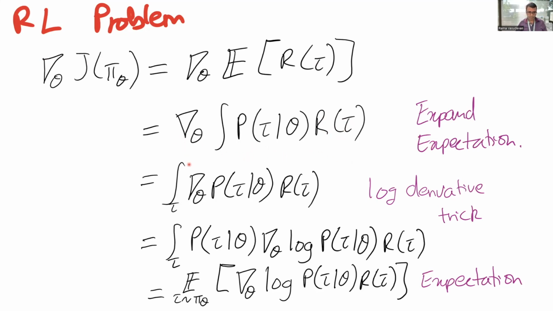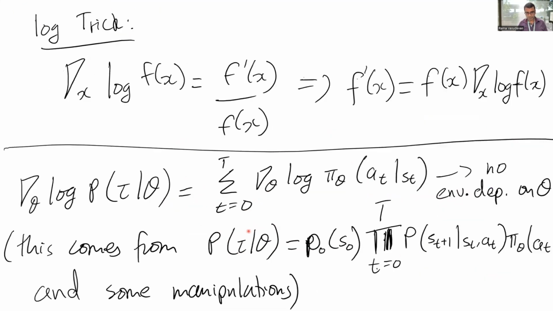Now I can move the gradient inside, and then do something called the log derivative trick. By moving the gradient inside this integral, we can rewrite this expression as this expression down here. Where does this come from? This is something you probably remember from high school or first year math: if you are taking the derivative of the log of a function f of x with respect to x, then that is equal to f dash x on f of x.